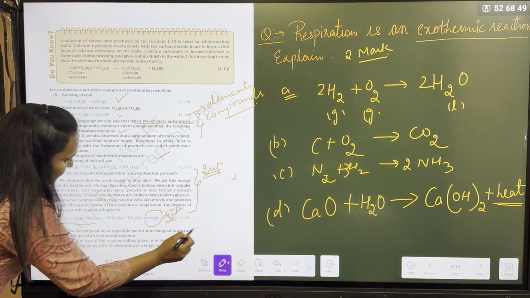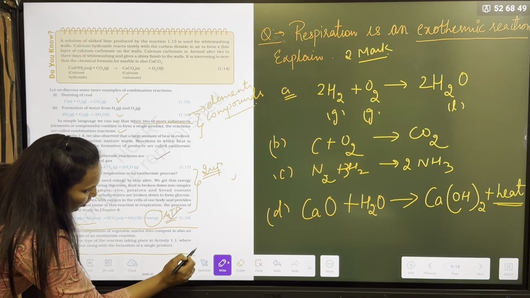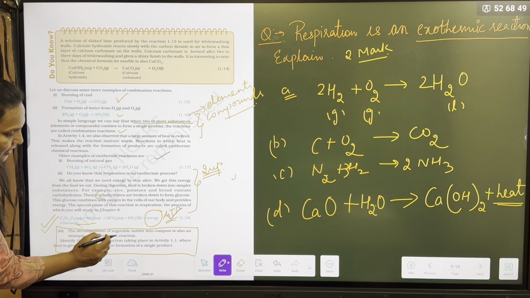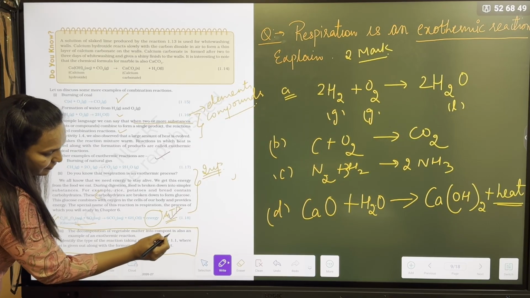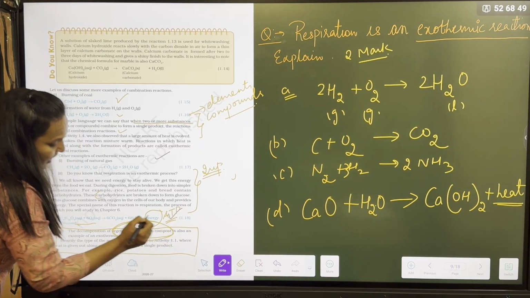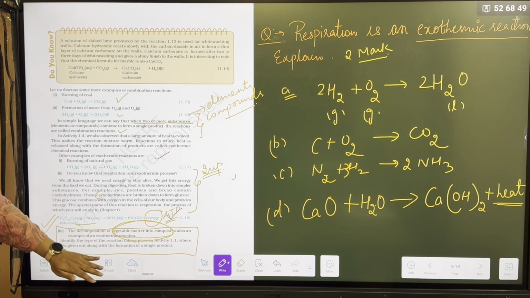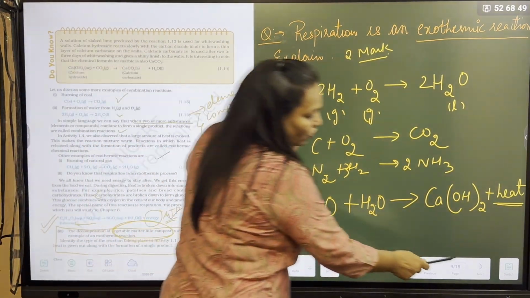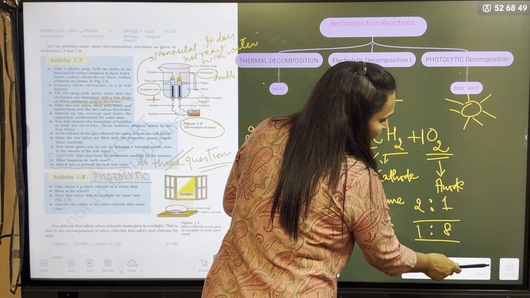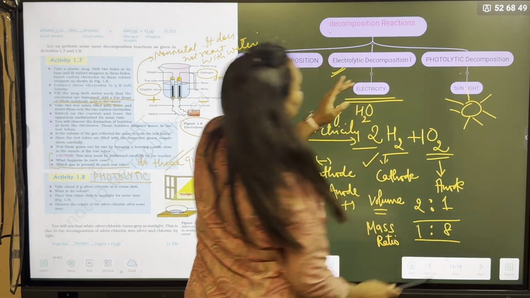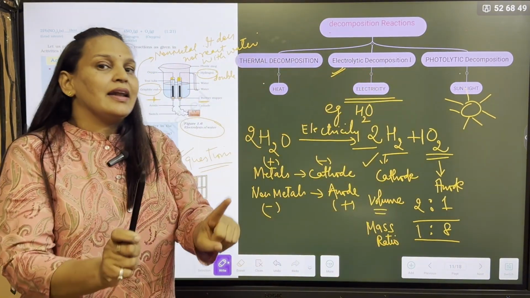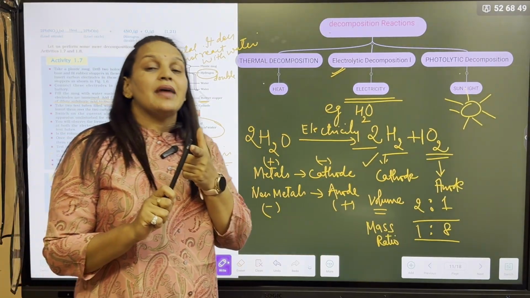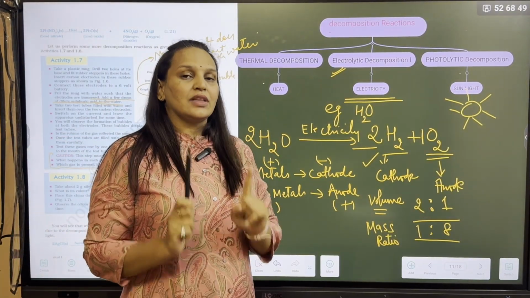Please remember this decomposition reaction on the page: vegetable matter changing into compost is an exothermic reaction. All these decompositions, photolytic, thermal, electrolytic, are endothermic, but the breaking down of vegetable matter into compost is an exothermic reaction.